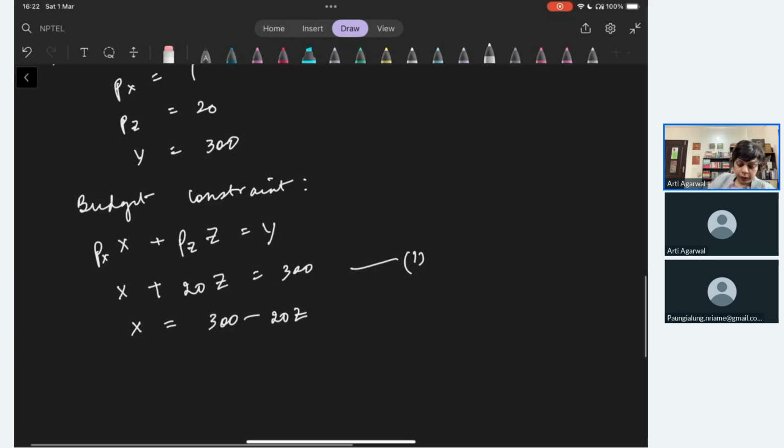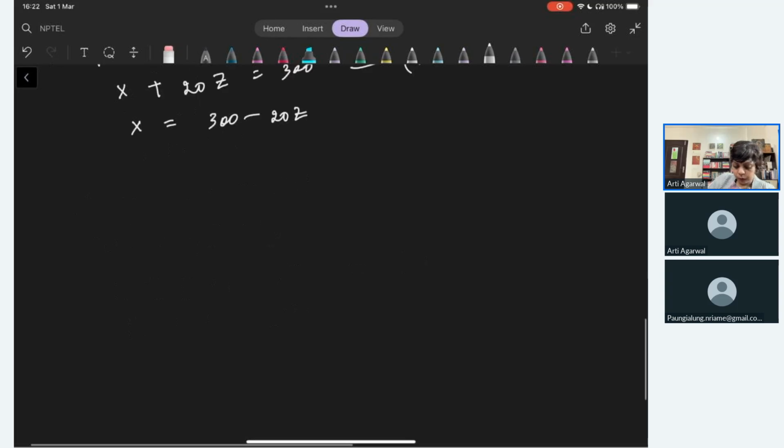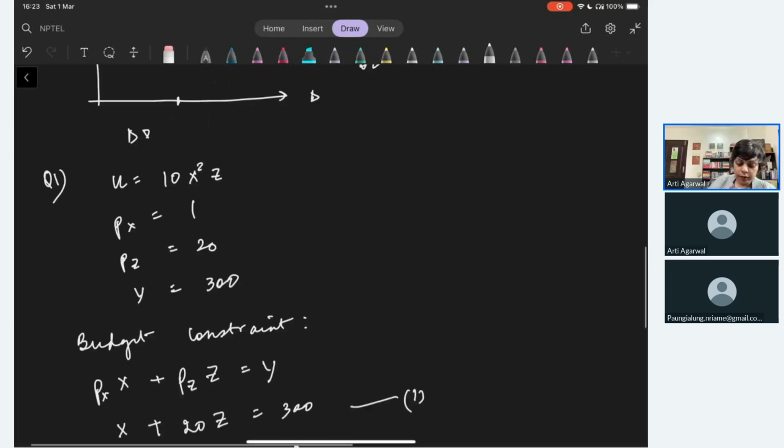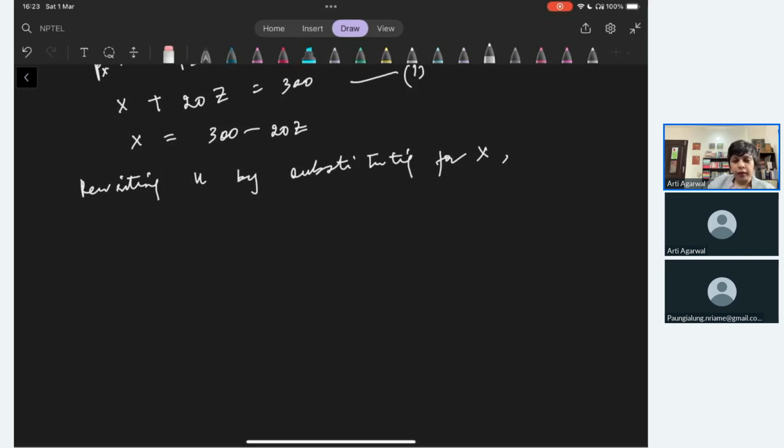So now we can just rewrite the utility function. So we are substituting for X, okay, for X, not for Z. In terms of Z, U is equal to 10X square Z. Or I don't know, I think this is going to be a little messier if we substitute for X. So maybe we can just substitute for Z instead.